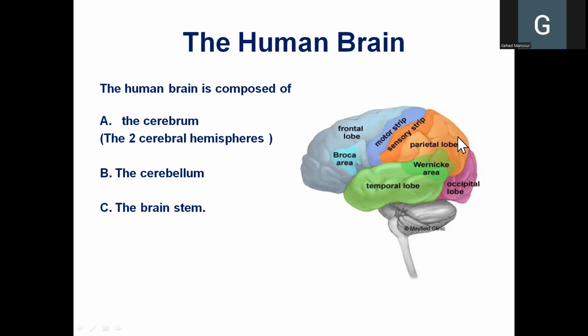But in the parietal lobe, we have the sensory association area, and the sensory association area of the parietal lobe is not only about understanding all these sensations that are received by the sensory area, like, for example, the pain sensation, temperature sensation, even proprioception and position of the joints. The sensory association area here helps you first perceive all these sensations.